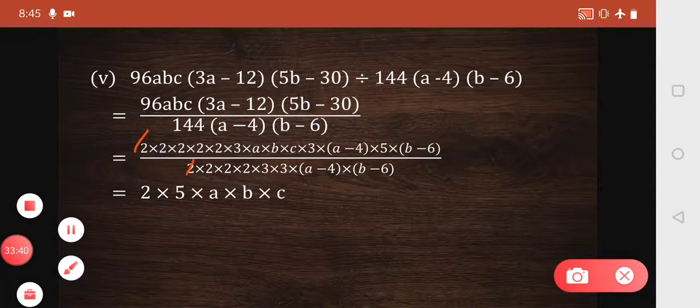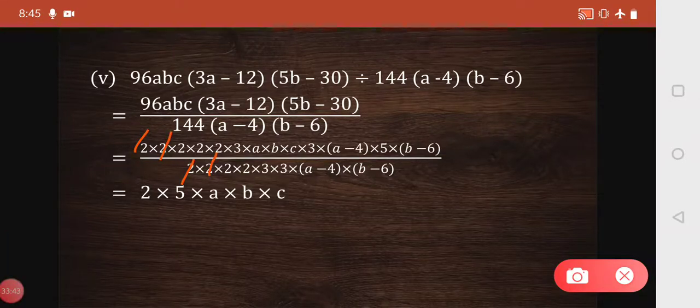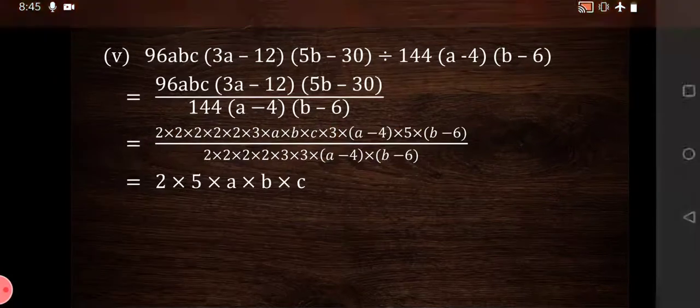See, 1 time 2, second time 2, third time 2, fourth time 2, 2 times 3, here 1 3 is here also, 2 times 3, then the a minus 4 bracket we can cut, b minus 6 also we can cut. So we will be left with 2 into a into b into c into 5. So we will be left with 2 into 5 into a into b into c.